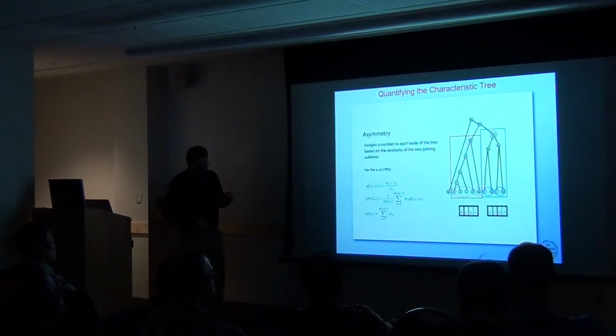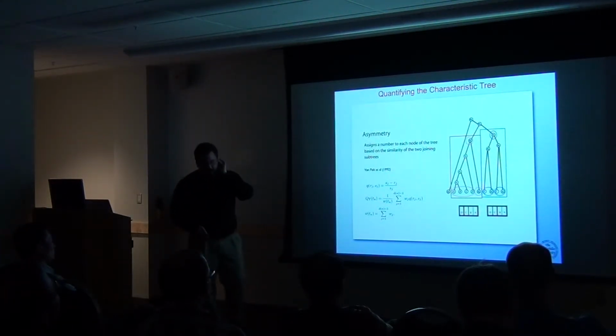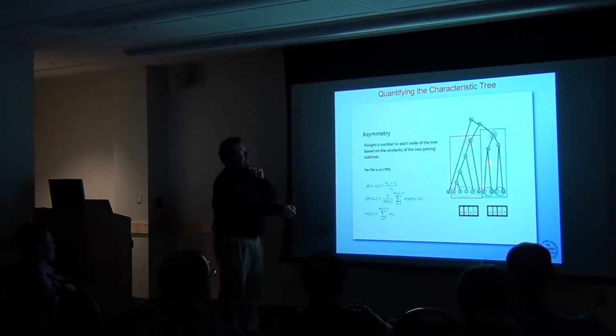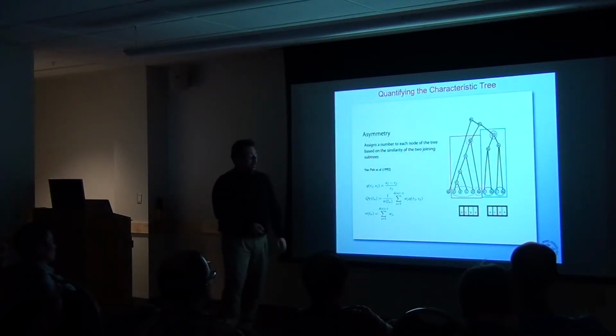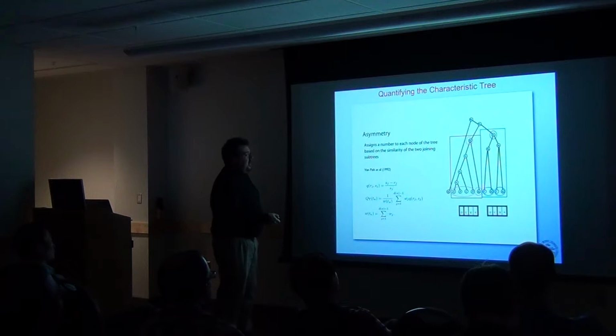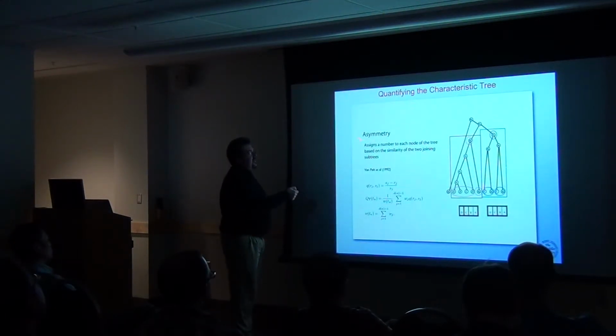Okay, so the primary way I'm going to talk about the characteristic tree quantification for the rest of the talk, and it's ongoing research to look into the efficacy of more quantifiers, is an object called the topological asymmetry.